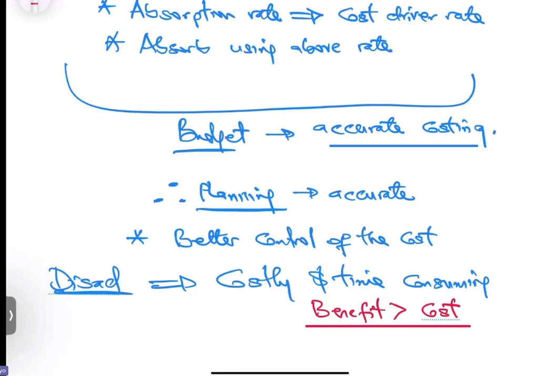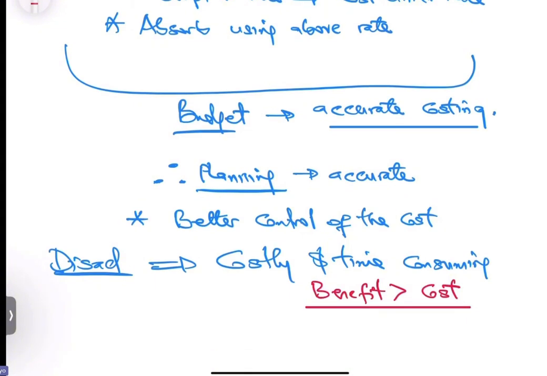Use the general traditional absorption cost, use the general rate and do your costing and save time, rather than calculating different absorption rates based on the cost driver and start absorbing based on each rate. And you spend all of that time and eventually you are getting a value that is not different from the traditional method. So same thing for activity-based budgeting. The benefit has to be more than the cost for us to use it.